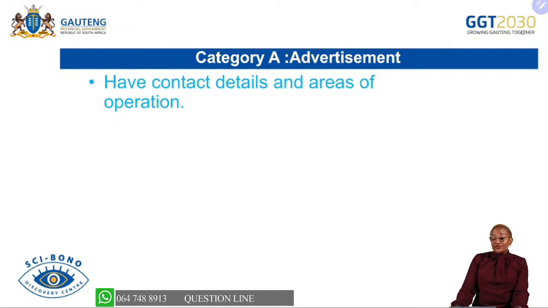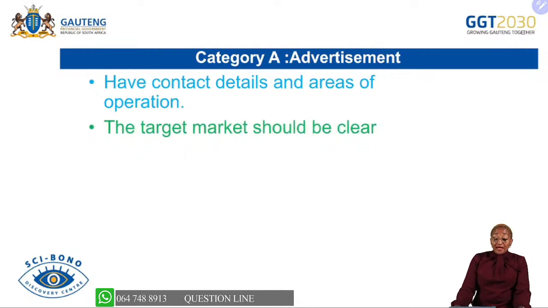And you also have to have contact details and areas of operation. If it's transport service for learners to and from school, you must indicate which areas you would be operating from. It is important that people get a clear understanding so that they know your point A and point B. The target market should be clear.